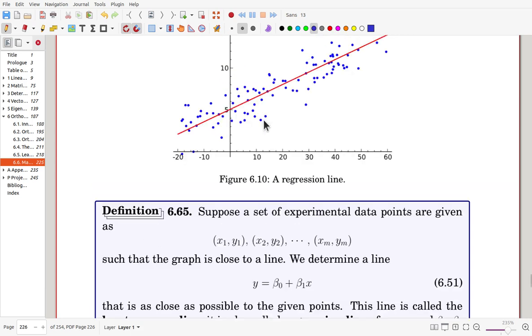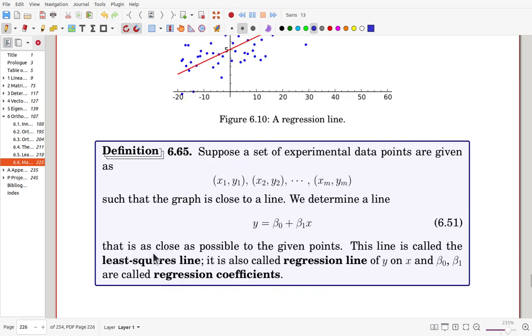So once you look at the scatter plot of the points, it looks like a line. So we determine a line y = beta 0 + beta 1 x that is as close as possible to the given points. So that is a kind of best fitting line.